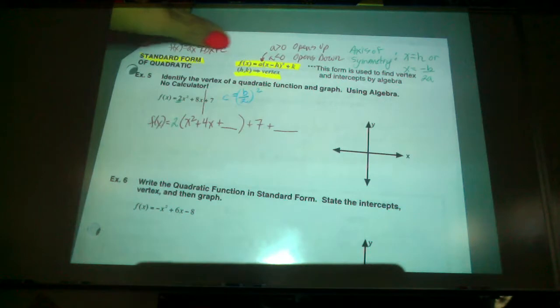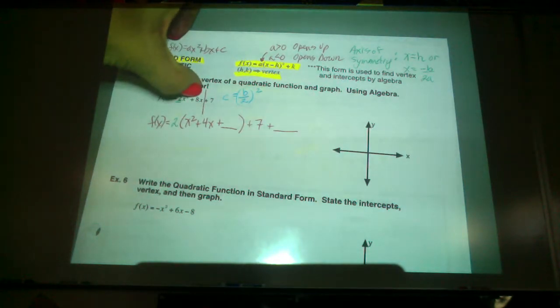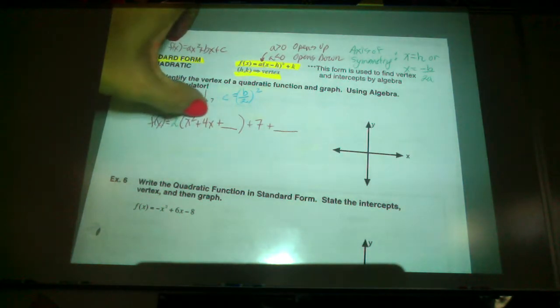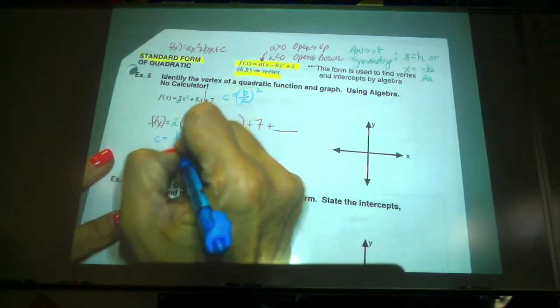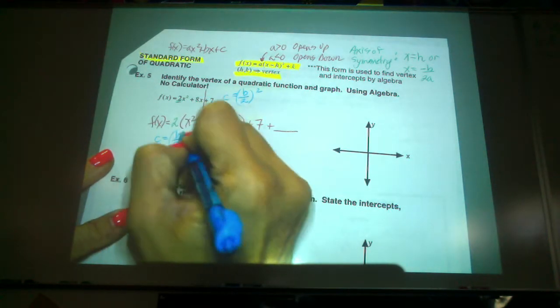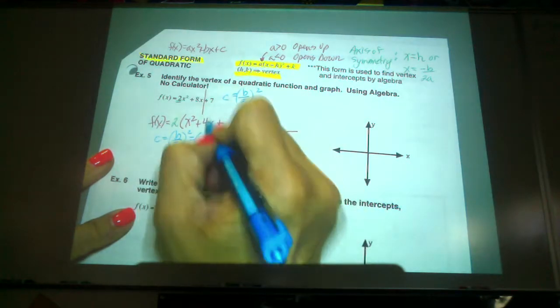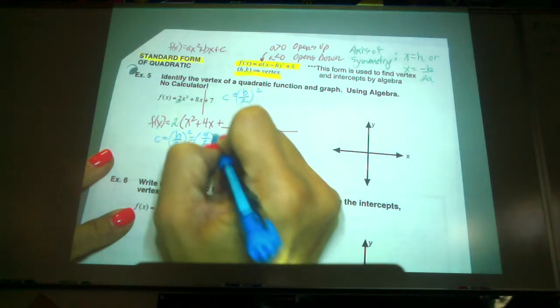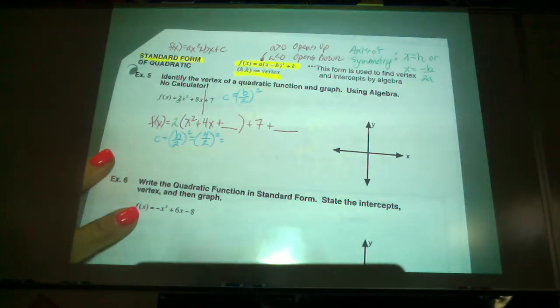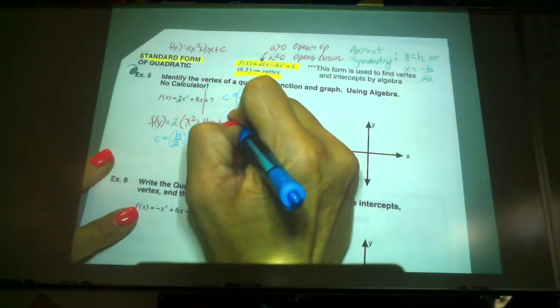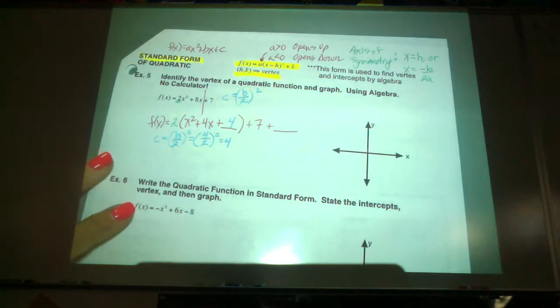Ax squared plus bx plus c, this is your b. Well, now this is our b in this case because we took out a 2. So to find our c, we're going to take b and divide it by 2 and square it. So I get 4 divided by 2 and I'm going to square it. 4 divided by 2 is 2, squared is 4. So on this blank I am adding a 4.